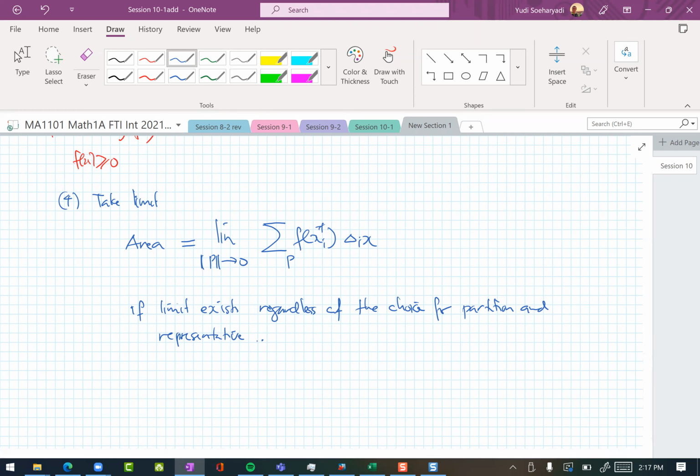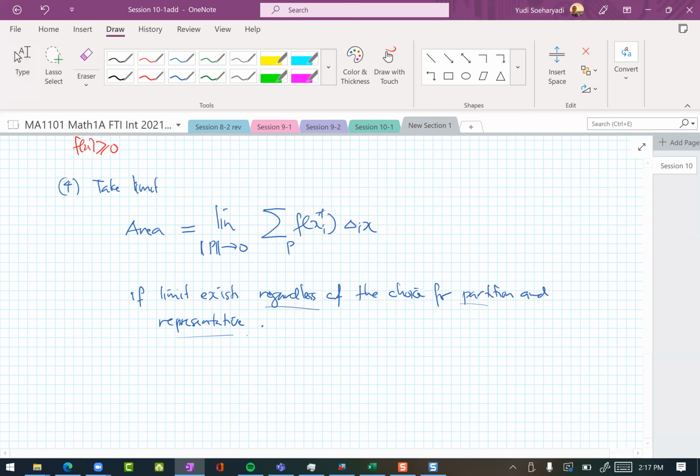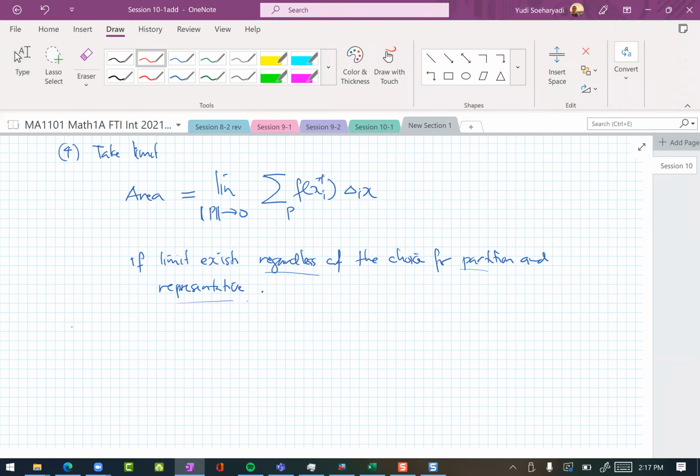All right. I'll give you an example to highlight what it means by regardless of the choice of partition and representative. So let's see this example. It gives you an idea that the Riemann sum depends on the representative.